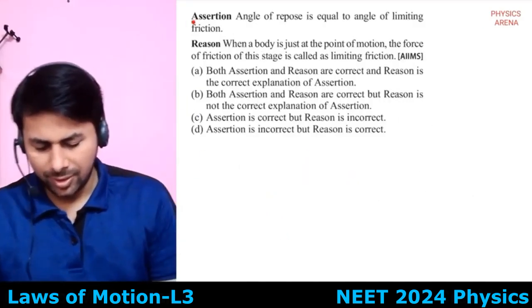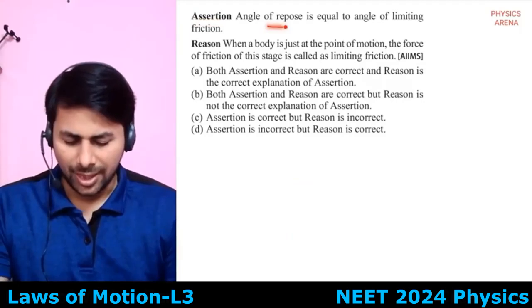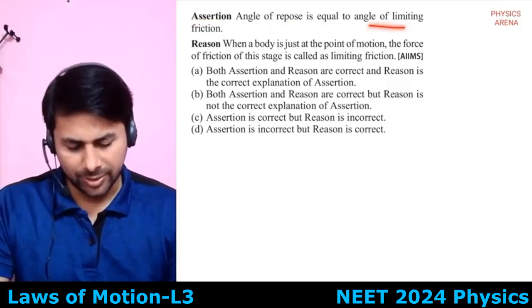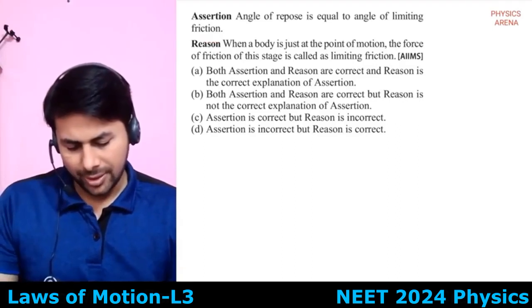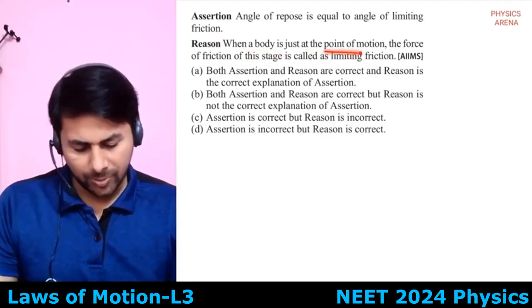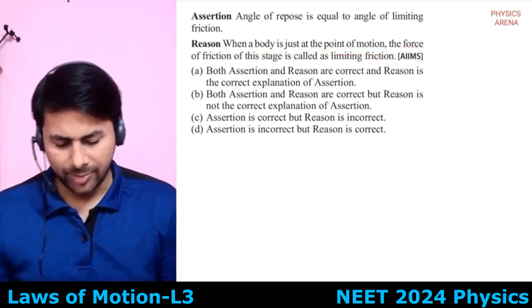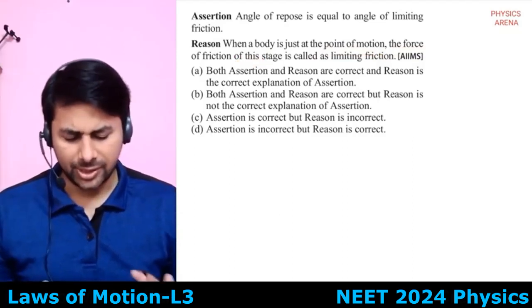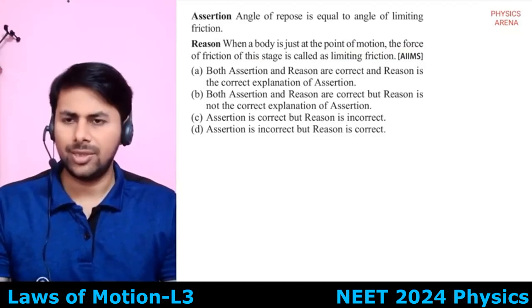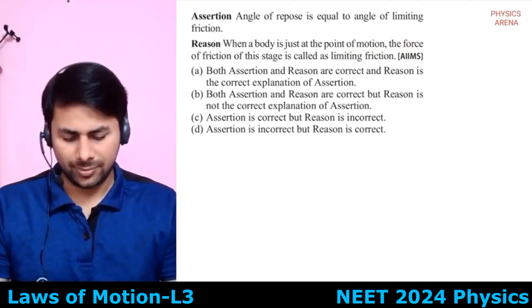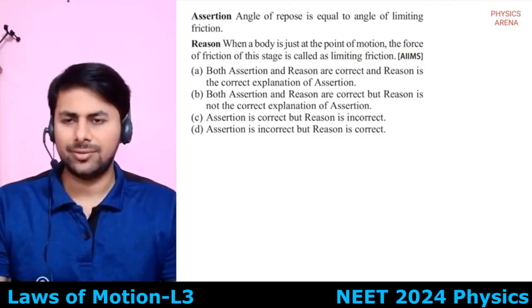Next question. Assertion: angle of repose is equal to angle of limiting friction. Reason: when a body is just at the point of motion, the force of friction at this stage is called limiting friction. Which is the correct answer?